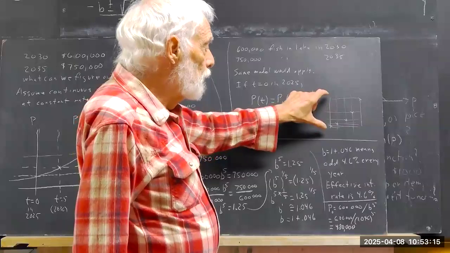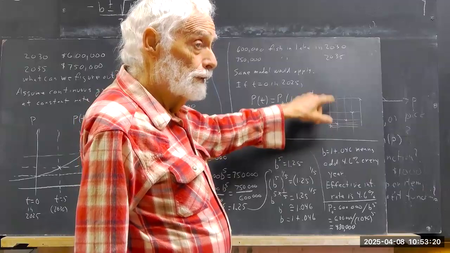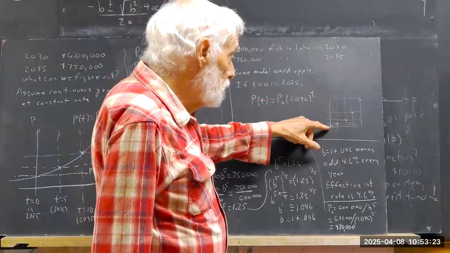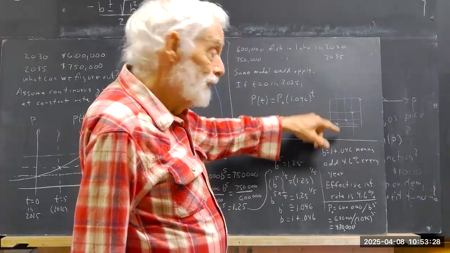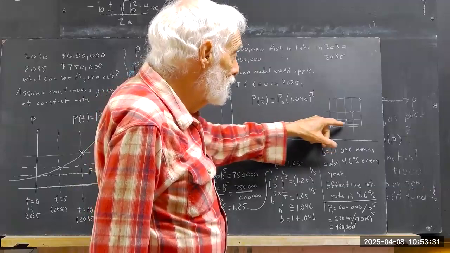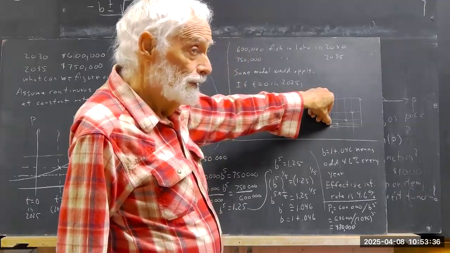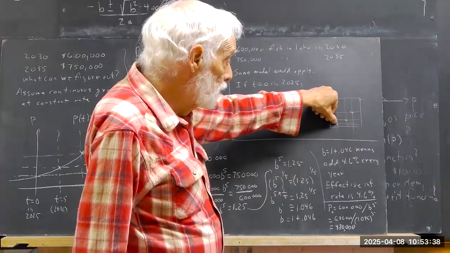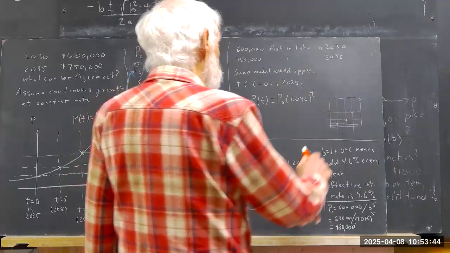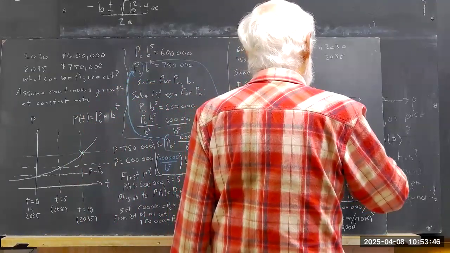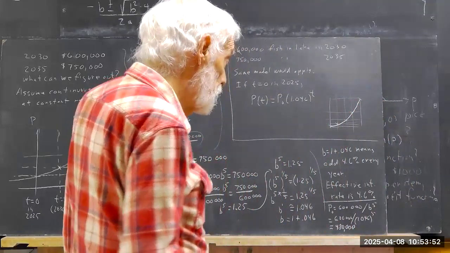Each of these lines is twice as close to the bottom, the lower edge of the rectangle as the one above it, right? So every time you go from one of these lines to another, you're doubling. In other words, this line here is twice as far from the axis as this one. And this one is twice as far as this one, and this is twice as far as this one. So you have in our toolkit y equals 2 to the t or 2 to the x function.